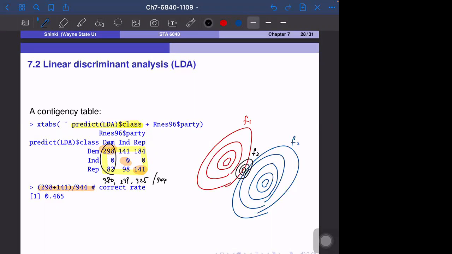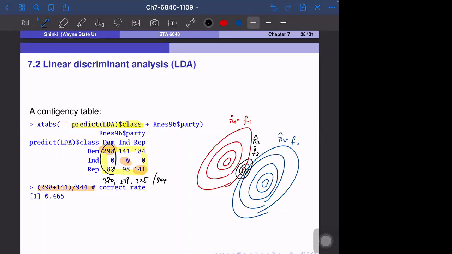The sample proportion of these observations is multiplied in. I'll call the sample proportions pi1 hat, pi2 hat, and pi3 hat. To estimate the probability that each observation is Democrat, Republican, or Independent, we have to multiply by this probability pi.